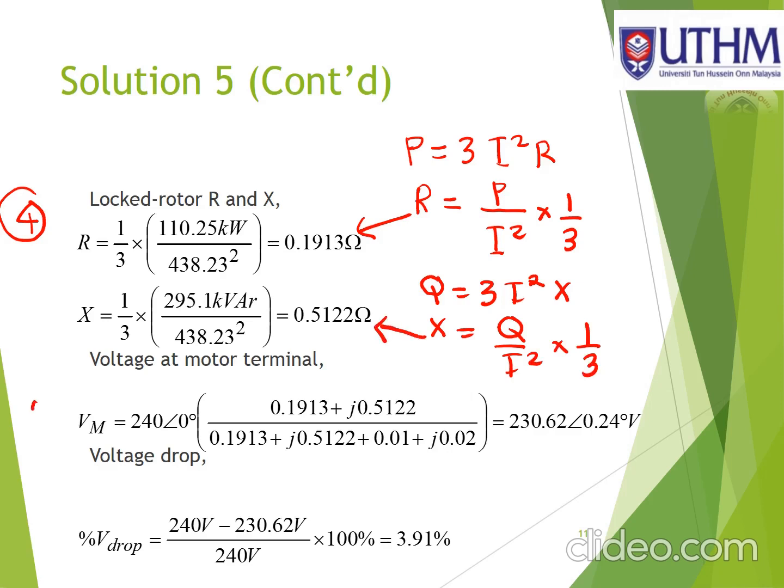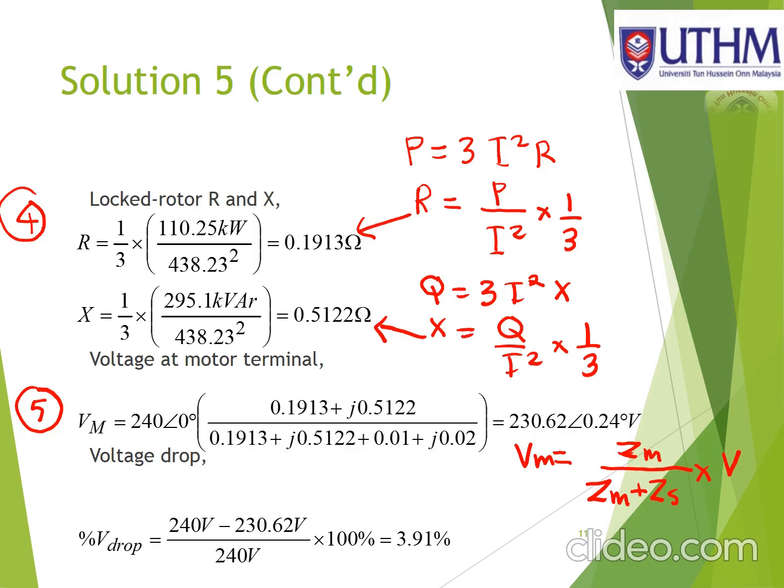Then step number 5. We have to calculate the voltage at the motor terminal. By using the voltage divider rule, we put V M is equal to Zm divided by Zm plus Z system, times V. So we put all the values here.